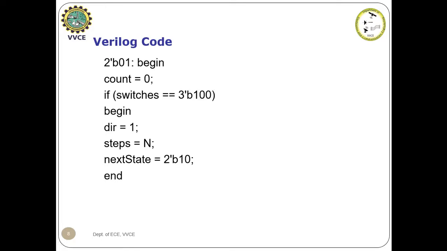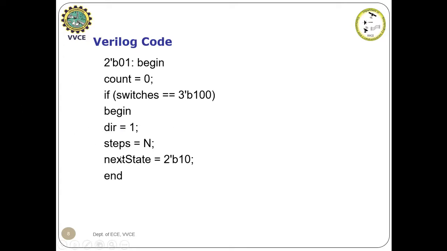Okay, now we have to move to the second statement. In the case, I have to check whether my current state is 01. If current state is 01, initially you turn off the motor and check for the 3 conditions. If switch is equal to 3-bit binary 100, meaning switch number 1 is closed, switch number 2 is open and switch number 3 is 0, I have to decide the direction.